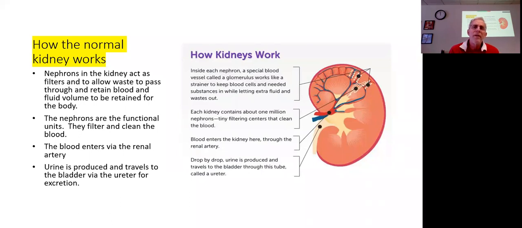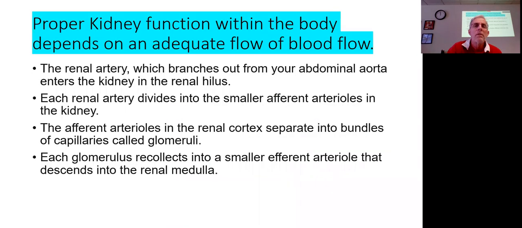Again, this slide is reiterating that process. So I'm going to move on. And of course, proper kidney function is dependent on good flow. Proper kidney function within the body depends on adequate flow of blood.